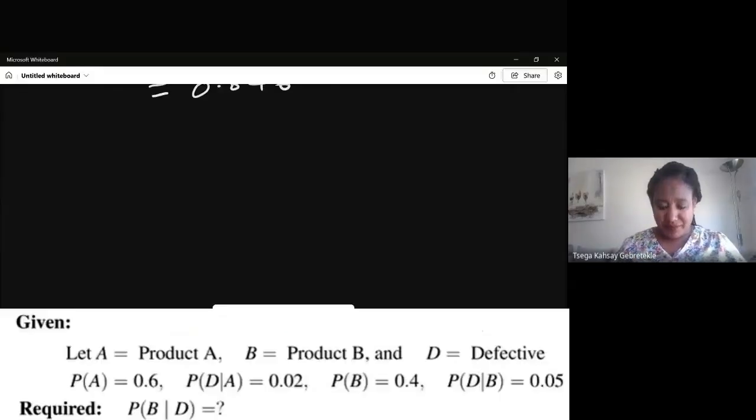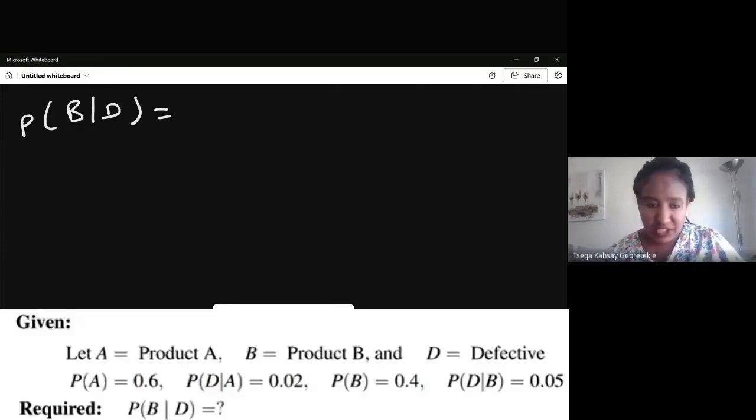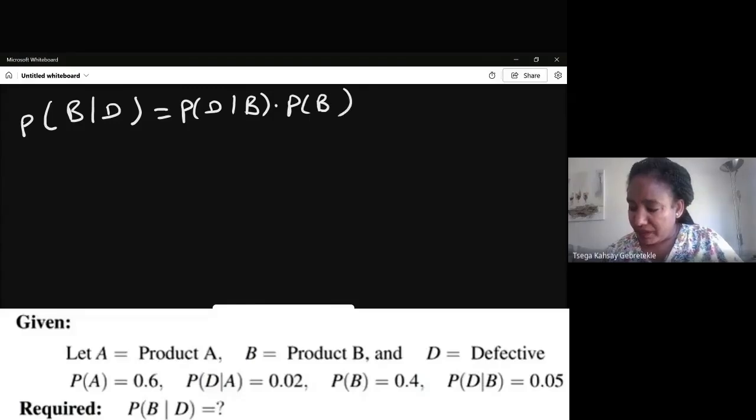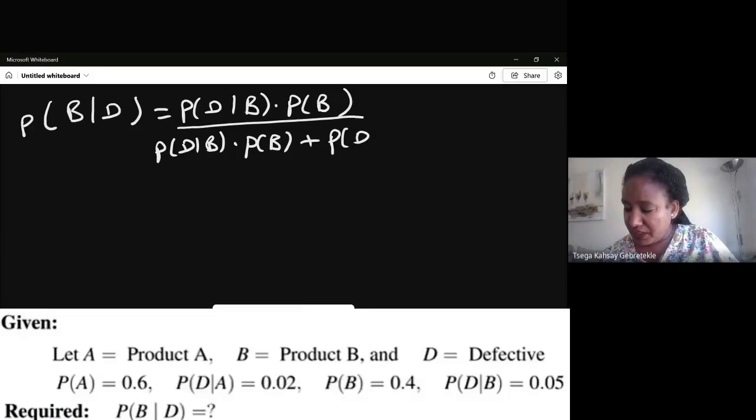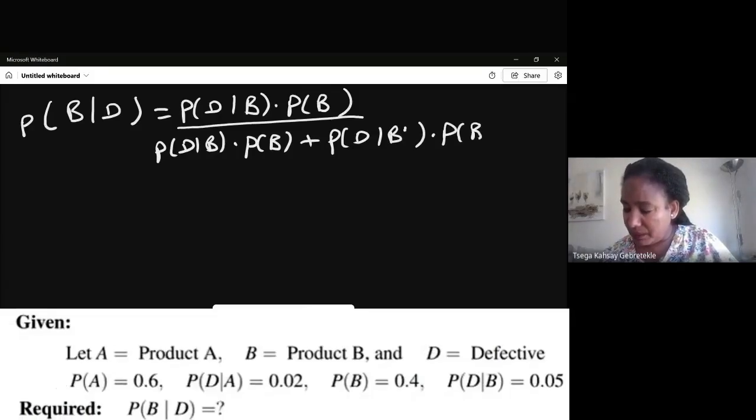In example 4, we are asked to find probability of B given defective. And that is probability of defective given B times probability of B, divided by probability of D given B times probability of B plus probability of D given B complement times probability of B complement.